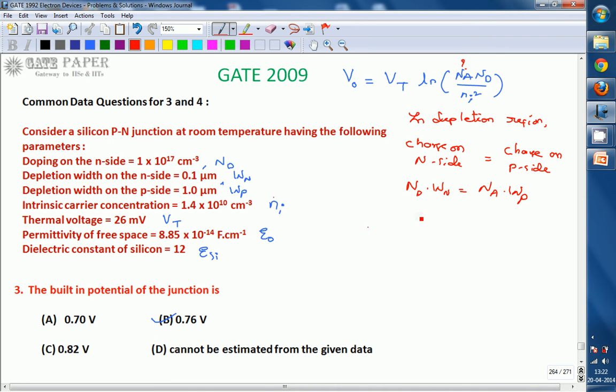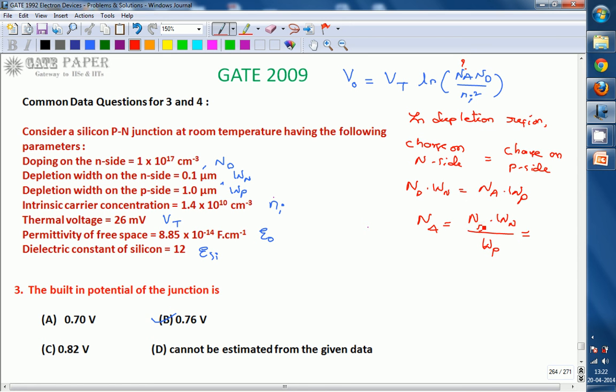What we don't know is Na, so Na is equal to Nd times Wn divided by Wp.